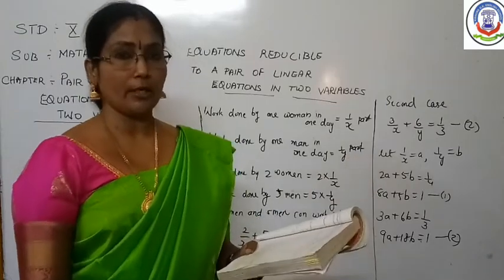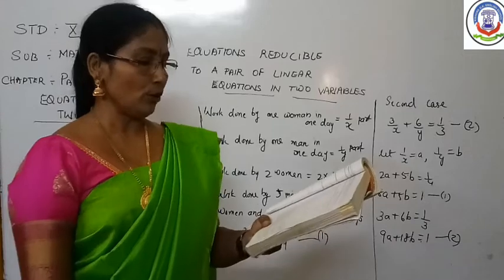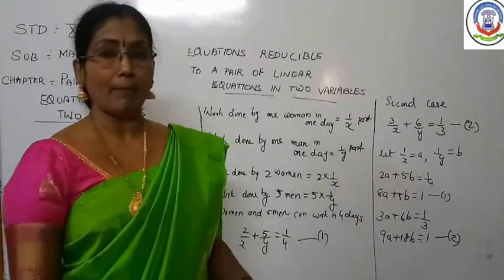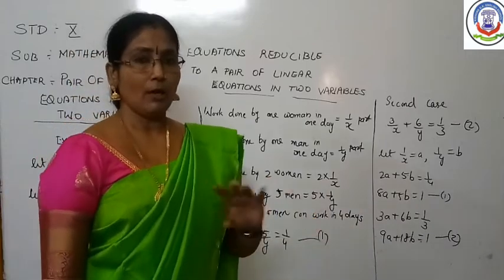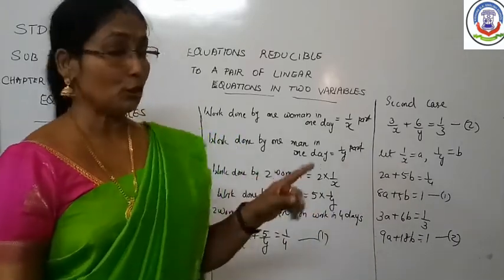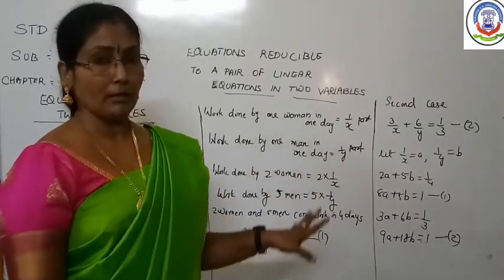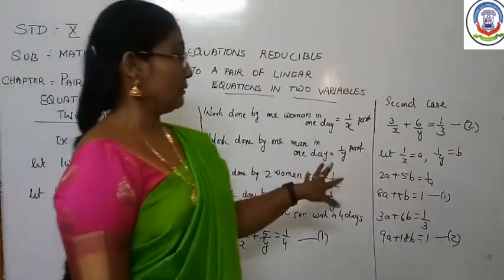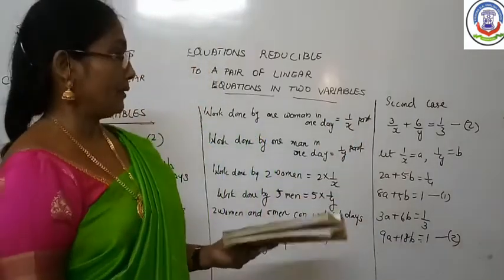Find the time taken by 1 woman alone to finish the work and also the time taken by 1 man alone to finish the work. That means the question is given that 2 women and 5 men can complete it in 4 days, and 3 women and 6 men can finish it in 3 days.